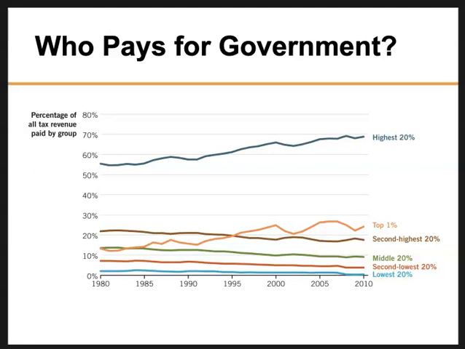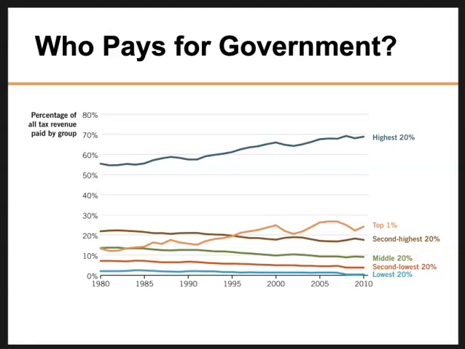And these taxes include both income and social insurance taxes, meaning federal income taxes and Social Security tax and Medicare tax as well. So these are the total taxes that come from each income group.